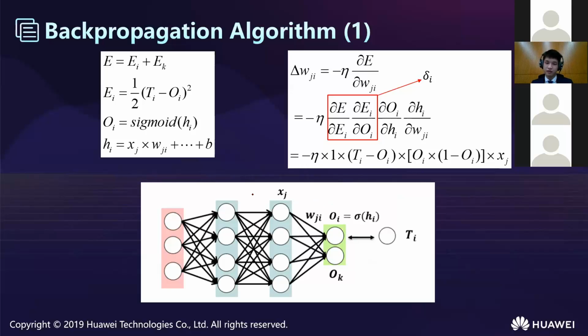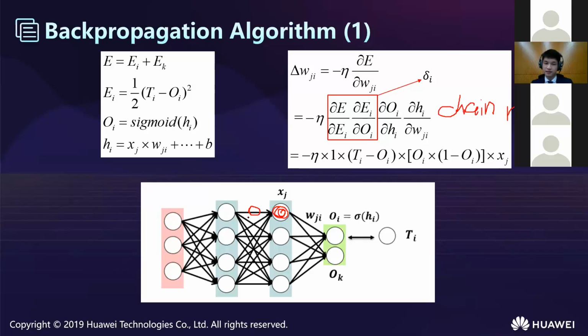And then if we hope to calculate the derivative of this weight, we need to calculate the derivative of this neuron first, and then we can calculate the derivative of this value. It's called the chain rule. So do you know that? Okay, thank you.